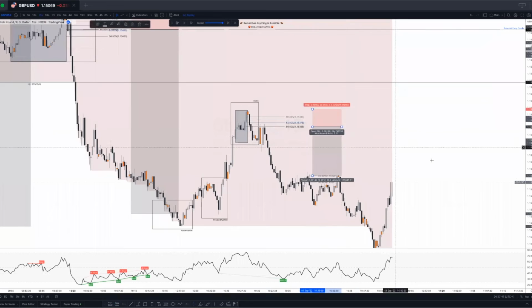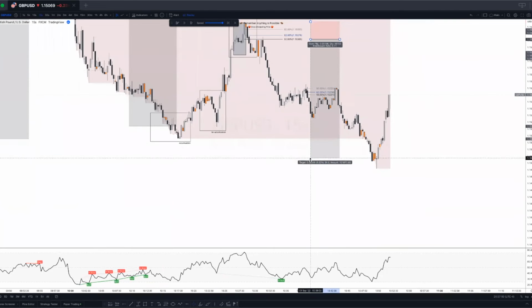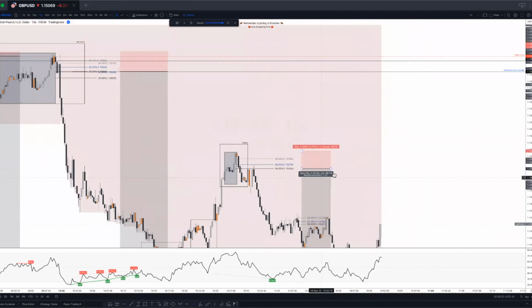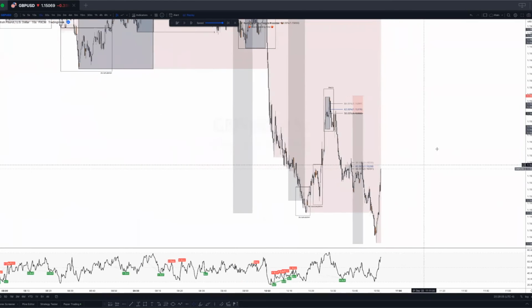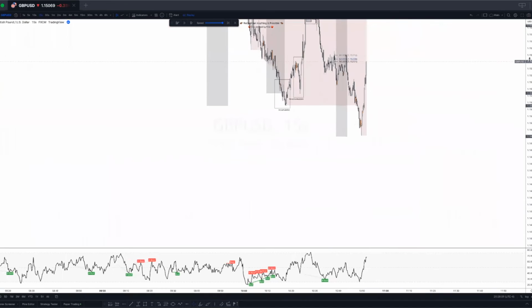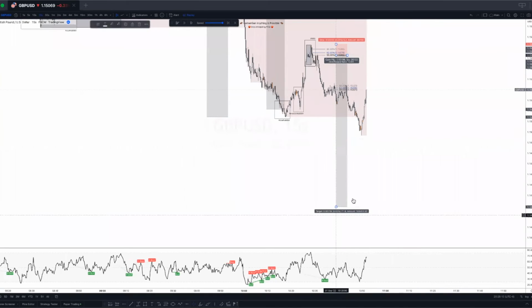Should respect that. Go down and make a new low here. Should respect that. If not, then expectations for it to come all the way back up to premium, tap me in here, and continue going. But this is where I put risk on this one, not the other one.